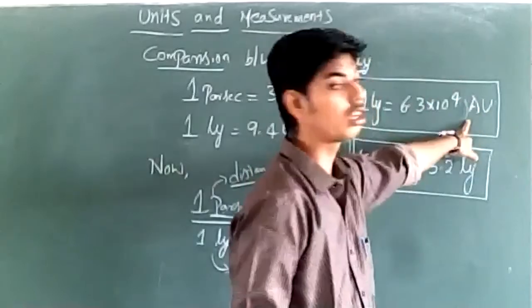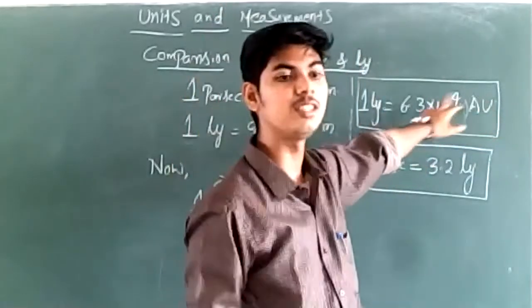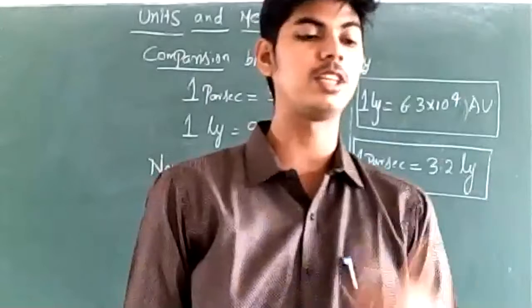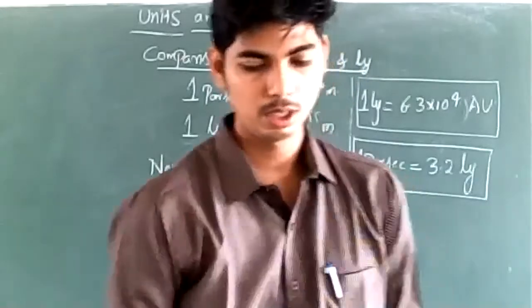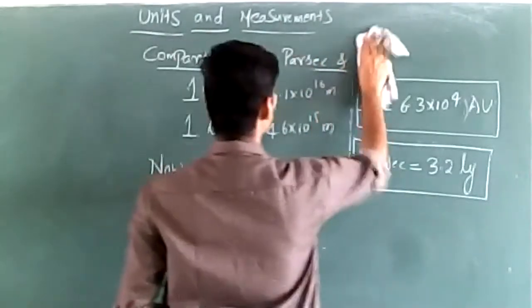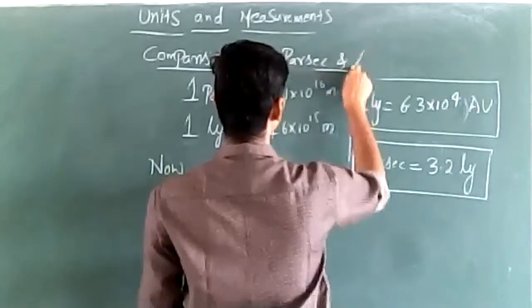Light year astronomical unit ಗಿಂತ ಎಷ್ಟು ಟೈಮ್ಸ್ ಜಾಸ್ತಿ ಇದೆ ಅಂತಂದ್ರೆ 6.3 into 10 to the power of 4 ಟೈಮ್ಸ್ ಜಾಸ್ತಿ ಇದೆ ಅಂತ ಹೇಳಬೇಕು. ಆಯ್ತಾ. ಇದೇ ರೀತಿ can we compare parsec and astronomical unit?